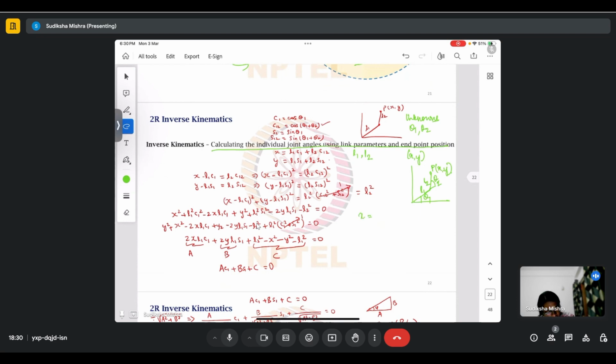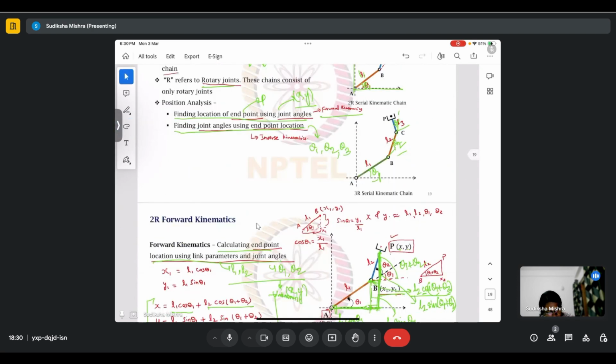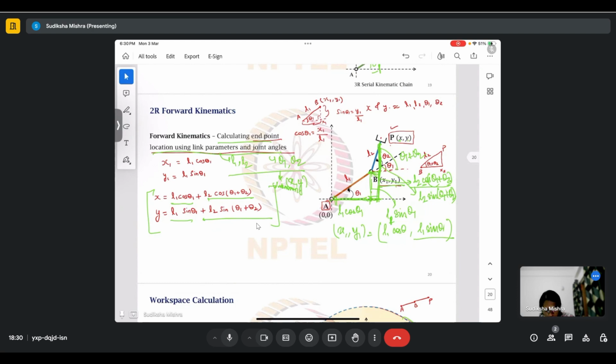We know x is equal to L1 C1 plus L2 C12. So okay, let me take a step back. So we saw here that x is equal to L1 cos theta 1 plus L2 cos (theta 1 plus theta 2), and y is equal to L1 sin theta 1 plus L2 sin (theta 1 plus theta 2).